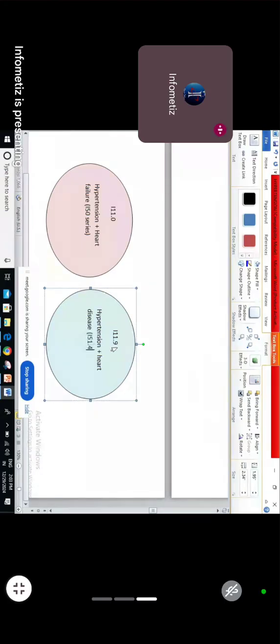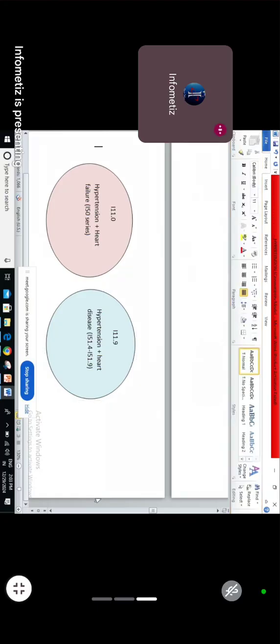What is heart disease? The code range is I51.4 to I51.9. So I just say the 9 range. Okay?